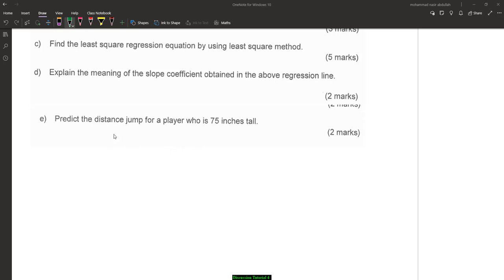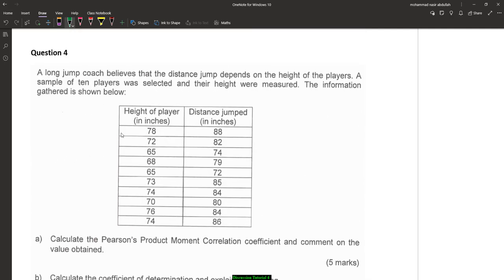So, kita tahu dekat sini, Y equal to A plus BX. So, kita nak predict Y which is distance jump. And inches tall ni adalah X. So, we know here, X is height of players and distance jump is Y.